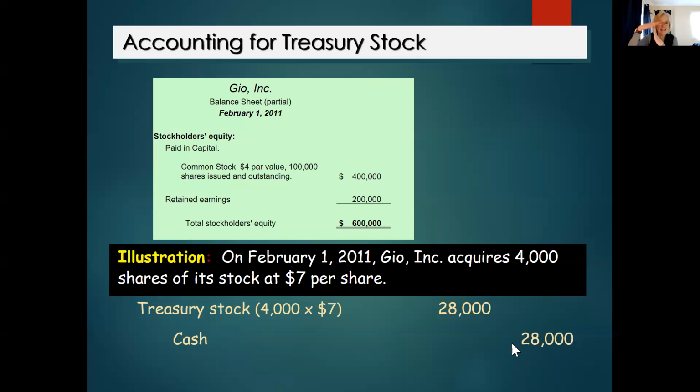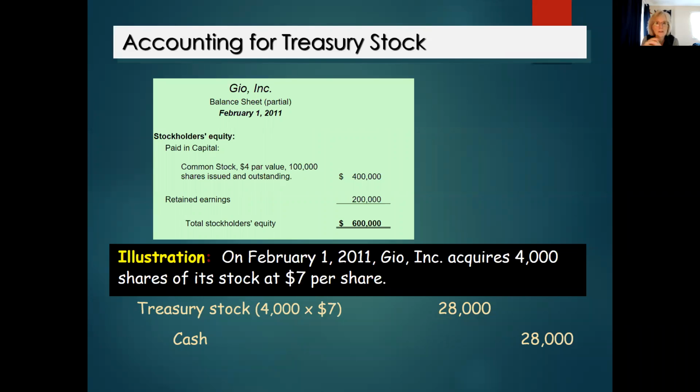And because the T account treasury stock is part of stockholders' equity, it's one of the stockholders' equity accounts, but it's a contra stockholders' equity. So it has the opposite balance of stockholders' equity. Contra stockholders' equity. And again, okay to abbreviate treasury stock when you're doing journal entries as T stock. I can understand that.